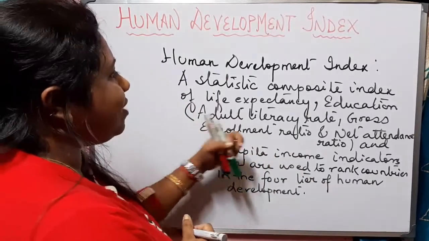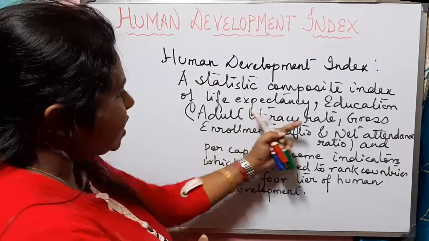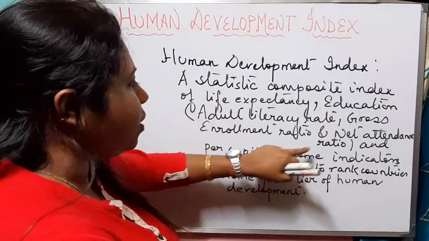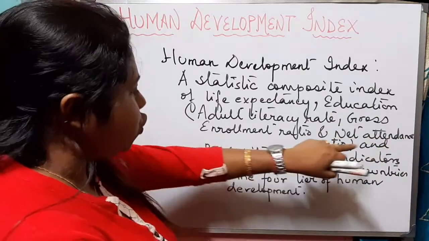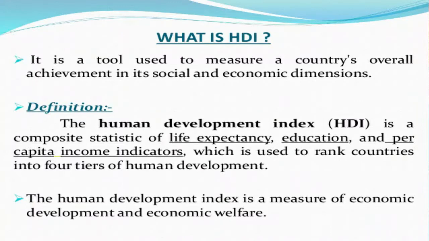So, the Human Development Index is a statistic composite index of life expectancy, education, where we include adult literacy rate, gross enrollment ratio, and net attendance ratio, and per capita income indicators, which are used to rank countries in the 4-tier of human development. That means the countries are given ranks on the basis of their attainment in the key areas of life expectancy, education, and per capita income.